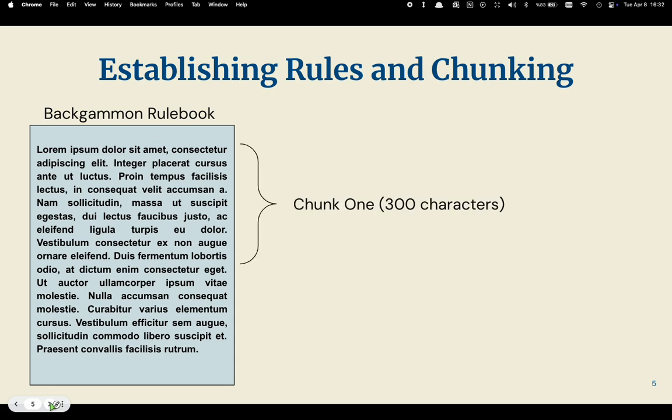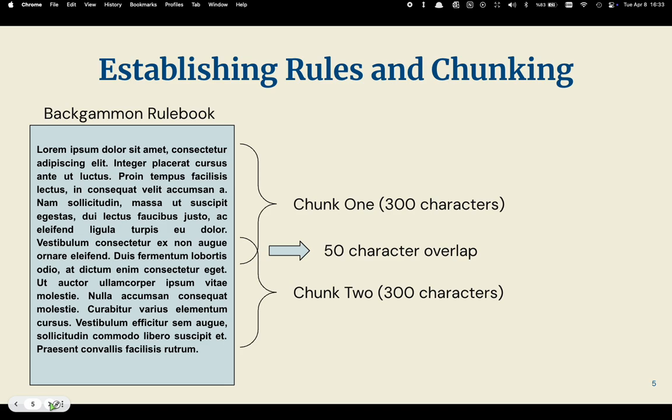I decided to go with chunks which consist of 300 characters. So I divided the text into multiple chunks. I think approximately there were 24 chunks, with each having 300 characters. And notice that there's an overlap between these chunks of 50 characters.